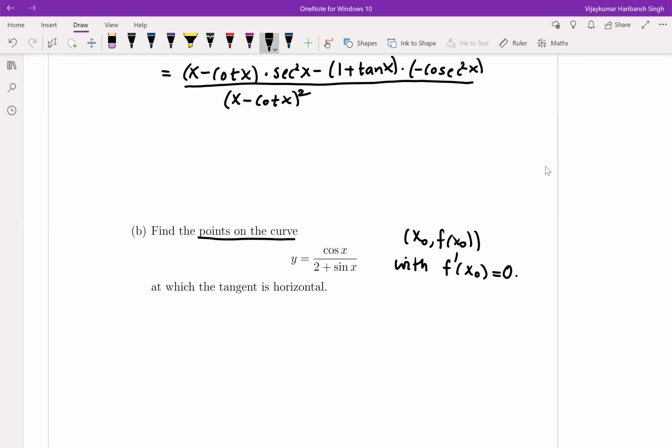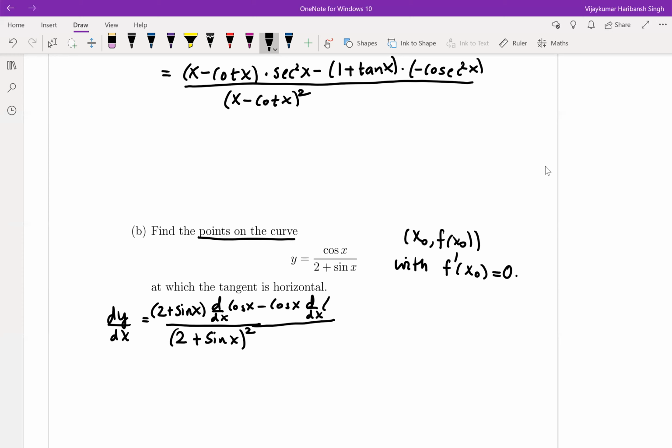So once you set the objective, now we can work on it. So what do we get? So dy by dx. In this case, again, you have to use the quotient rule. So 2 plus sine x the whole square times 2 plus sine x times the derivative of cos x minus cos x times the derivative of 2 plus sine x.